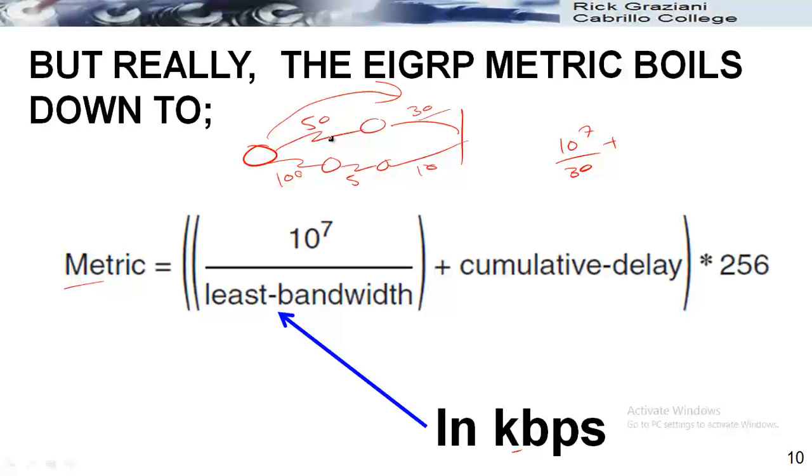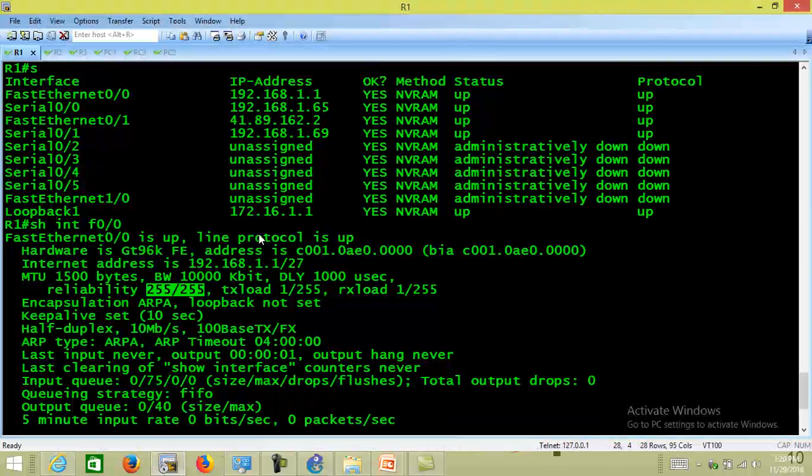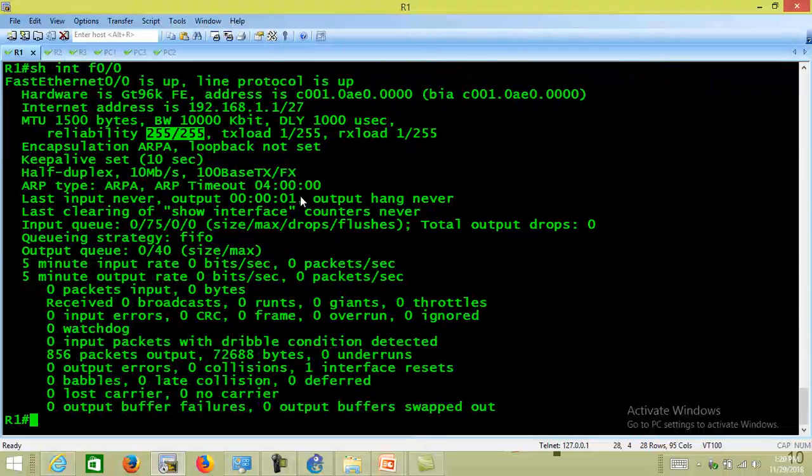Let's say 50 has a lower delay of 20, this one maybe 40, so we add the delay. If it's 60, then you multiply by 256. That's how you get these numbers that we are seeing, the metric.